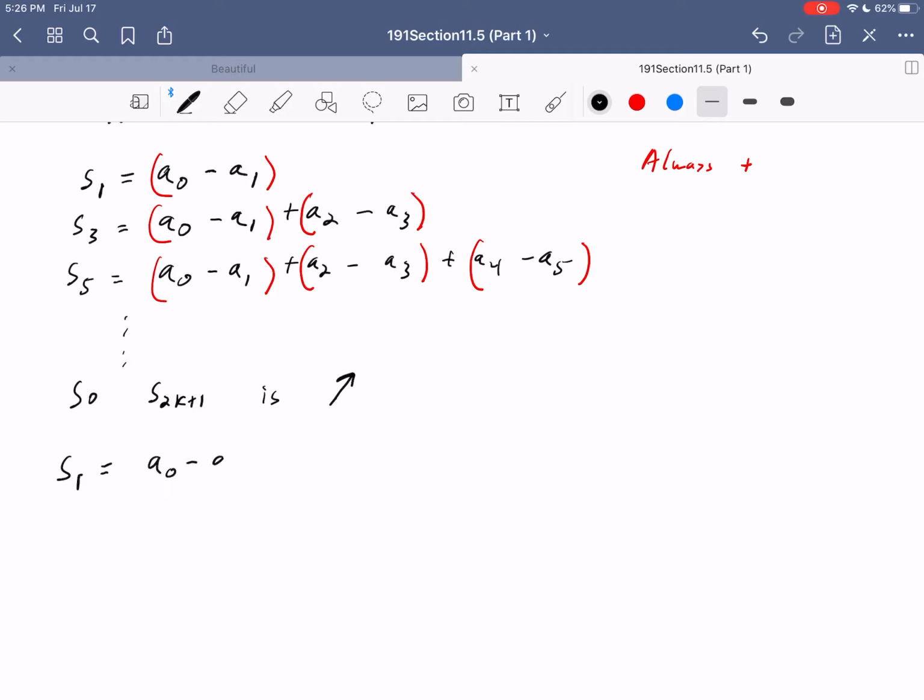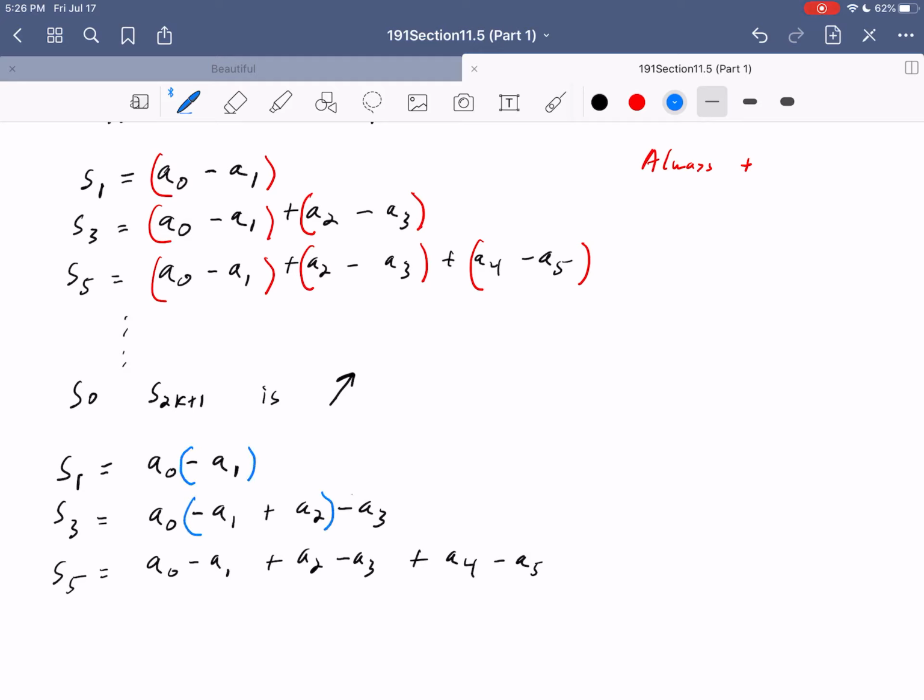Let's look at them again and group them a different way. Okay, so same terms. Let's focus on this part here, then this part, and this part, this part, this part, and this part.